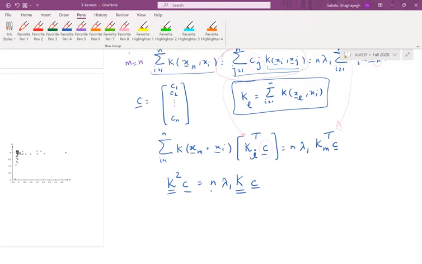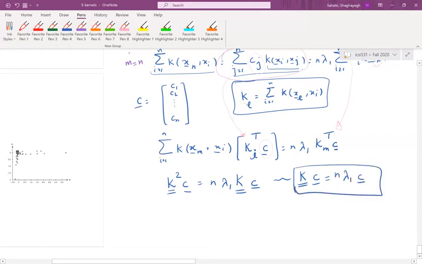This equation looks a little bit familiar to us, although it's not exactly what we are looking for, right? It looks like eigenvalue, eigenvector decomposition, but the difference is that we have K on both sides. But it can be shown that it's equivalent to this: Kc is equal to n lambda 1 c.